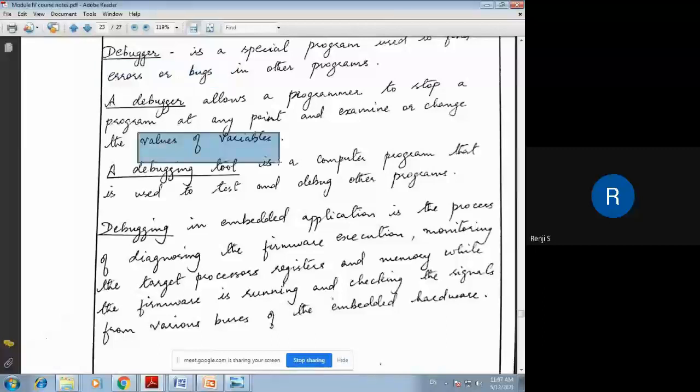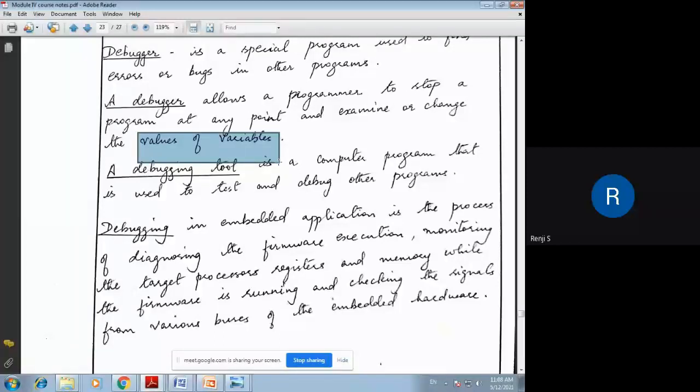You can trace through the program line by line, instruction by instruction. If it is assembly language code, each assembly instruction can be checked, and after each instruction you can check the memory contents and register values.